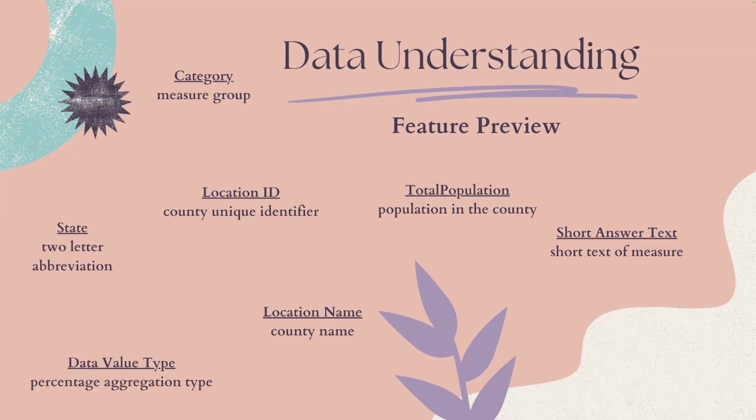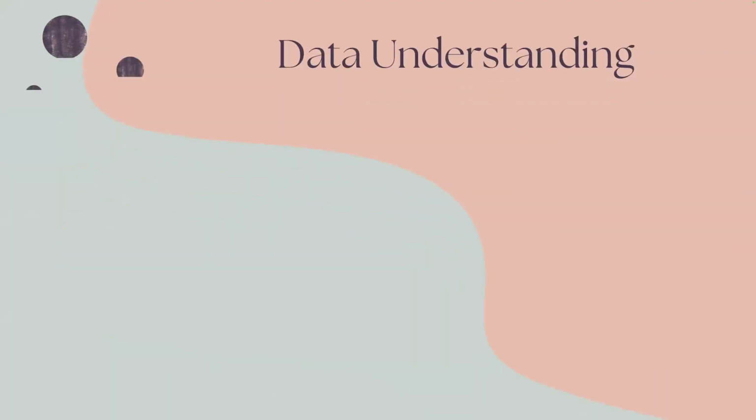And then we had data value type, which is the percentage aggregation type. So there's age-adjusted prevalence, crude prevalence, and percentage. And all of those had a data value, which is the percentage of the measure, depending on the data value type. And that'll come into relevance when we're defining the health disparity index in the first place.